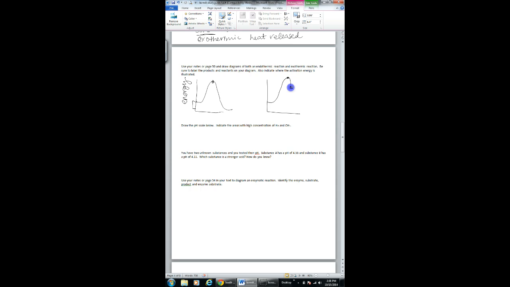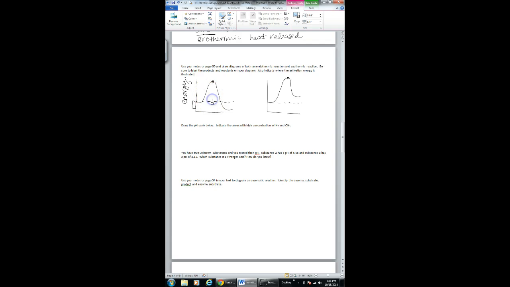Here the chemical reaction takes place, and we're going to have energy that is absorbed. Okay, so endothermic is always higher from its starting point, and exothermic is always lower than its starting point.